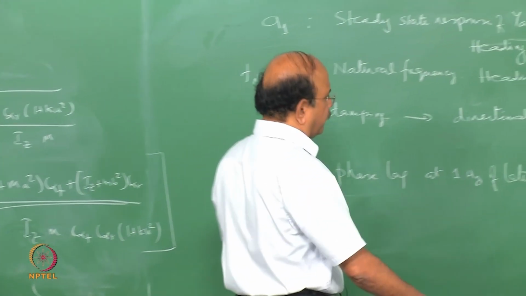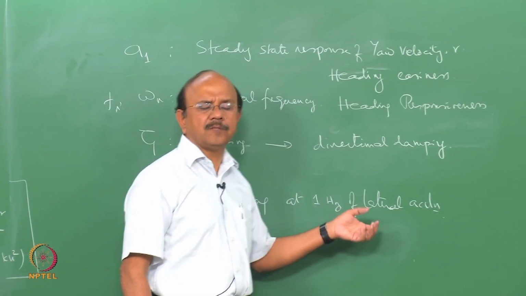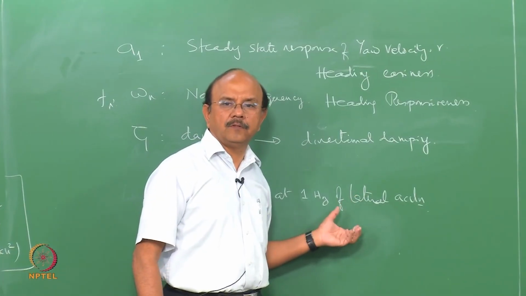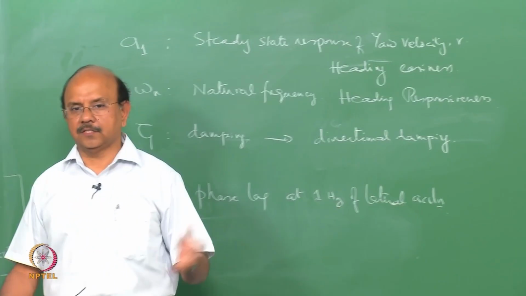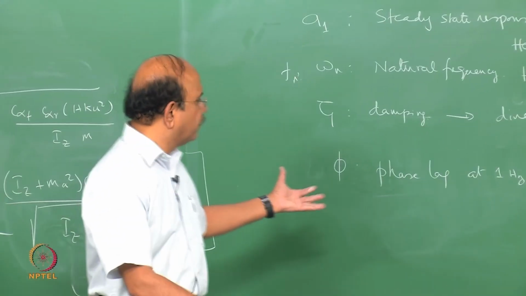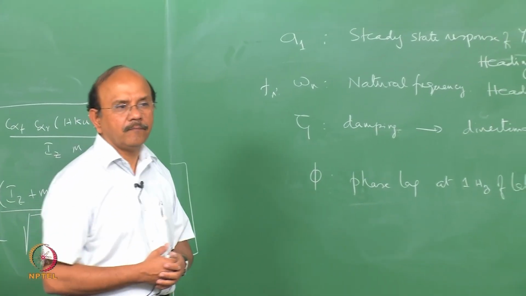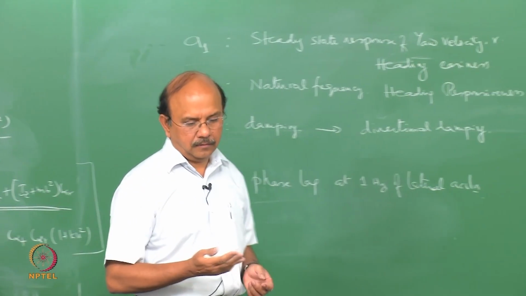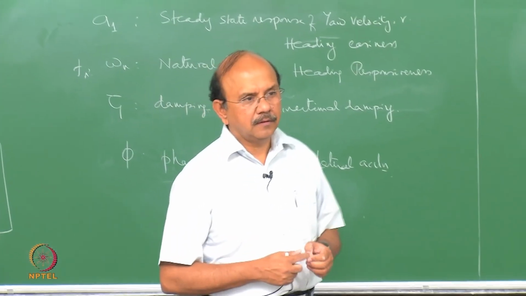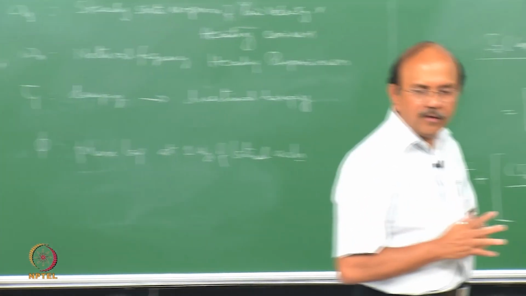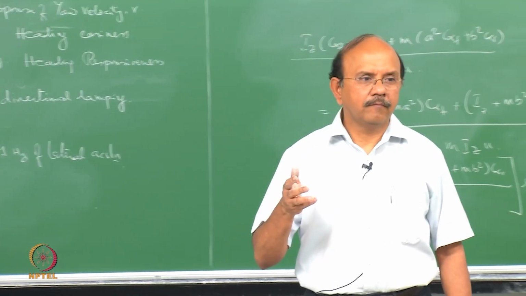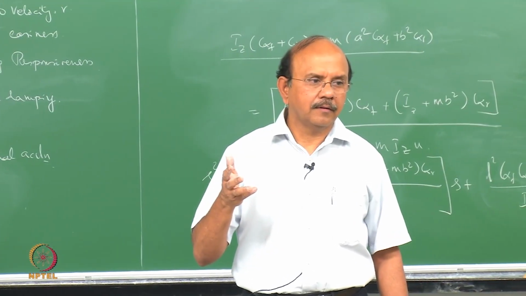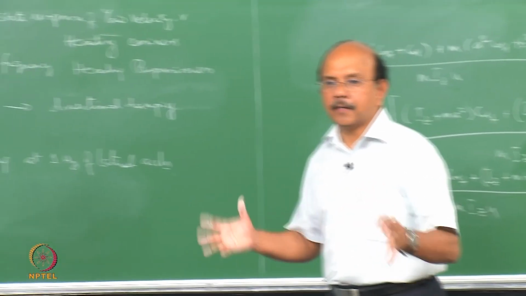What is the importance of phase? 1 hertz is because most of the systems have the frequencies of excitation, natural frequencies near 1 hertz, so 1 hertz is just given. But what is this phase lag? What does that tell you? What do you understand by the word phase lag? Or, pardon?